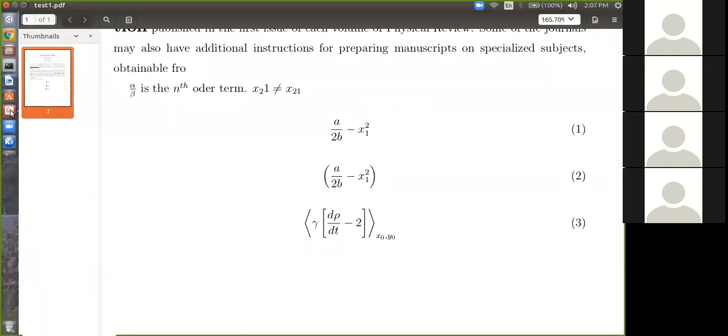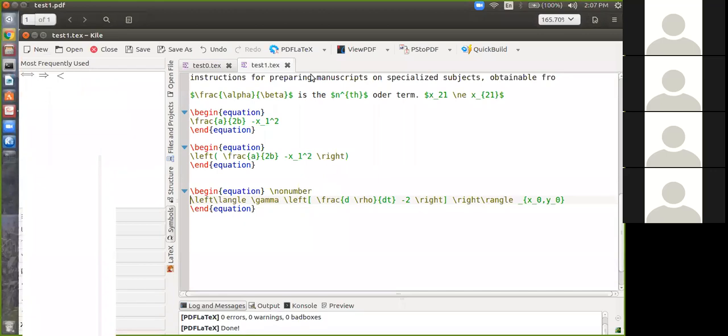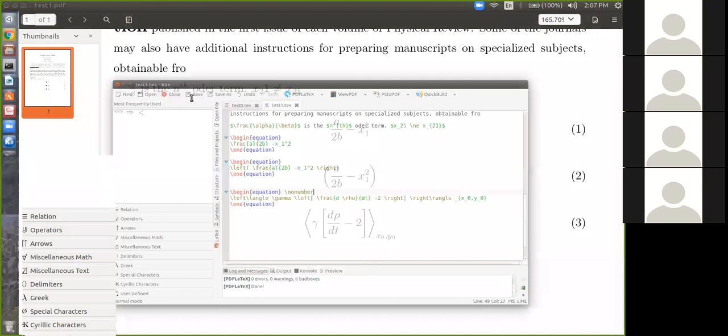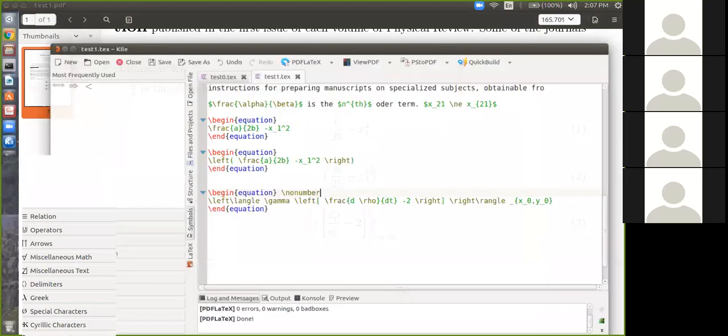No, I think it is the package problem. I deactivated all packages. That is why it is not working. Let me check this package I am activating.